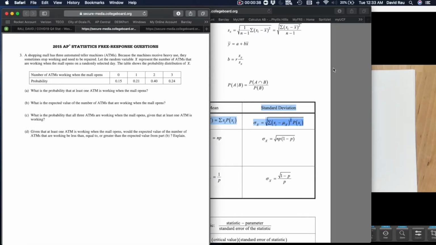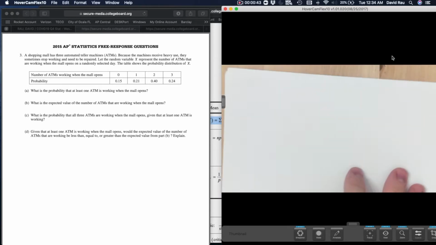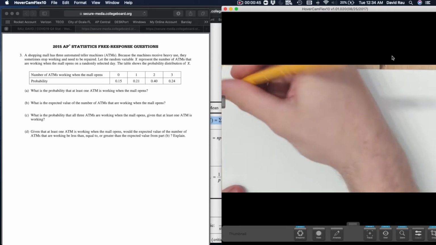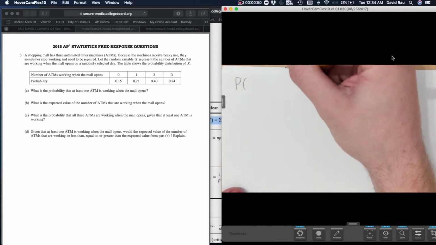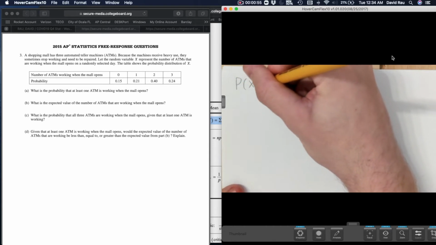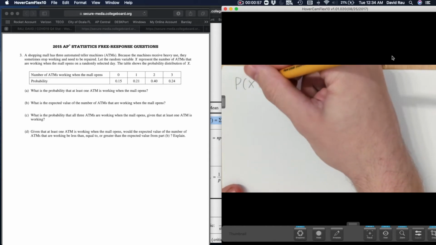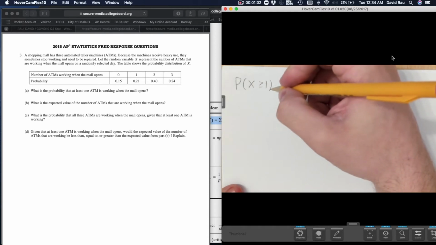Part A is, what is the probability at least one ATM is working when the mall opens? This is a popular probability concept, and since we're talking about the number of ATMs, that's the random variable x, so we can say this is the probability that x is greater than or equal to 1. In other words, one or more of the ATMs are working.